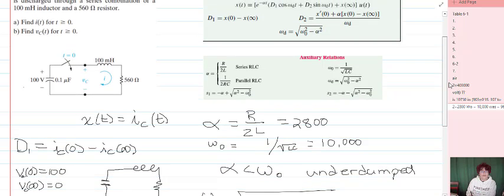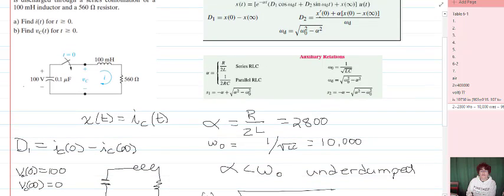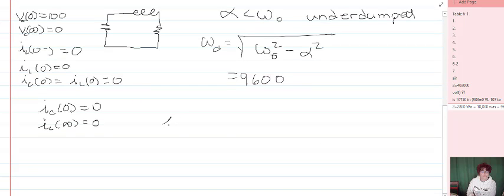Okay, so now we need to have IC prime of 0. So let's think about something that has a di dt in it.